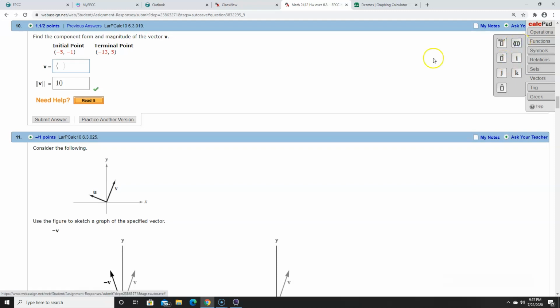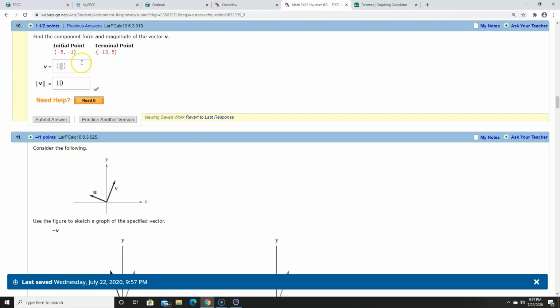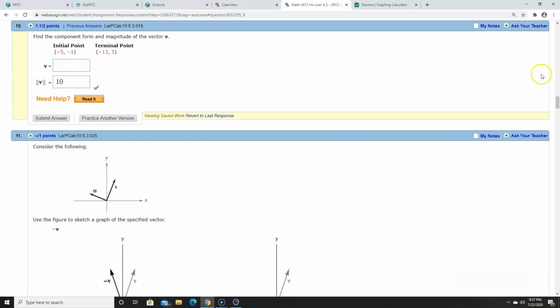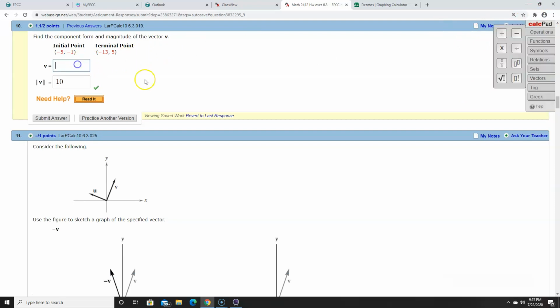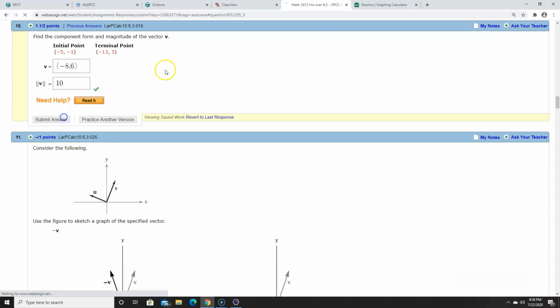You click it. Of course, I had to be inside already. If you're out here and you click it, I can't even get to the toolbox. You got to be inside first. Click Vectors. Click this one. And -8 was the horizontal component value, of course, and 6 is the vertical. And check. And so there we go.